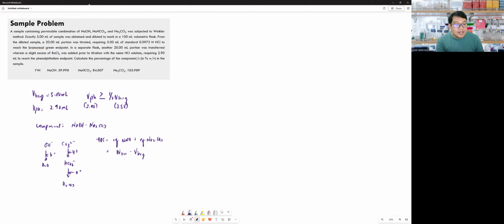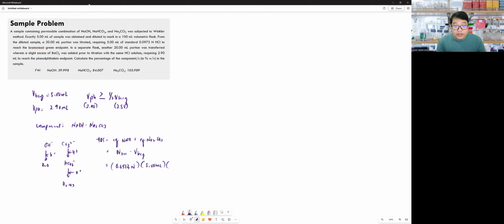Kasi ito, matatitrate natin to whole using BCG. So, ilalagay lang natin to as 0.0973 normal. So, ang volume ng BCG na nagamit for this one is 5 ml.